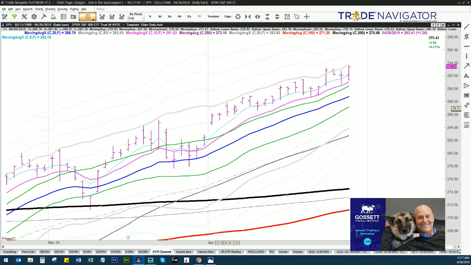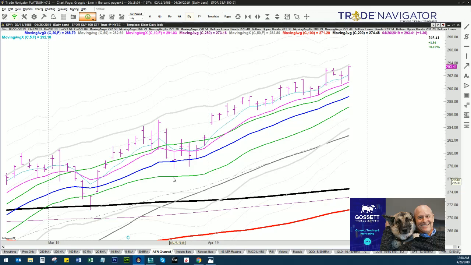So, when things get up into this third ATR channel, I like to think about taking profits. If they get down to the third ATR channel on the downside and it lines up with something else, like possibly the 200-day moving average, to me, that is a reason to look to buy.